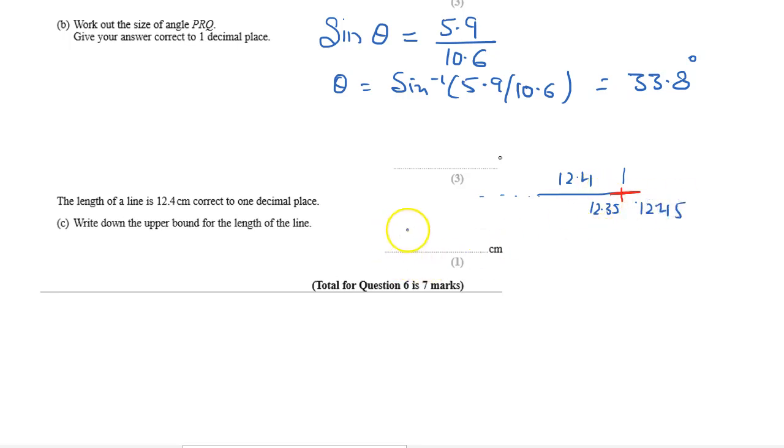So the upper bound will be 12.45. He's not asking the answer up to 1 place. He's saying this is up to 1 place. So your answer will be 12.45.